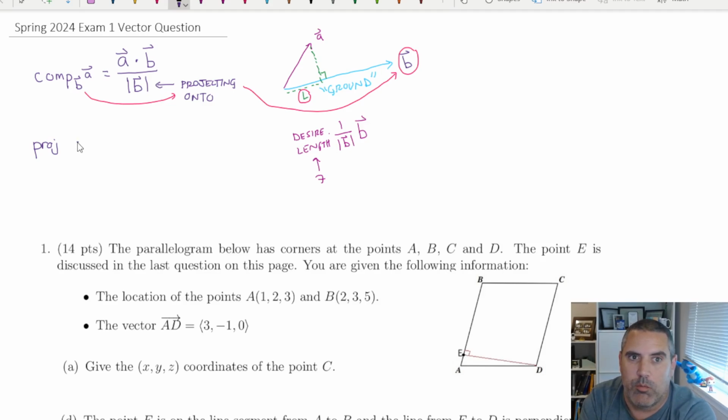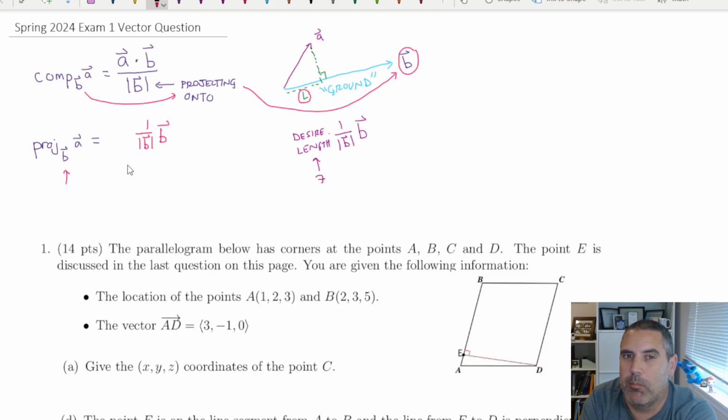So the formula that the book gives for the projection, even a couple years ago when I wrote that solution, I still sometimes used the formula, but since then I've come to appreciate just the idea. So the idea is I want a vector in the direction of the ground. That's my B. I'm going to make it a unit vector.